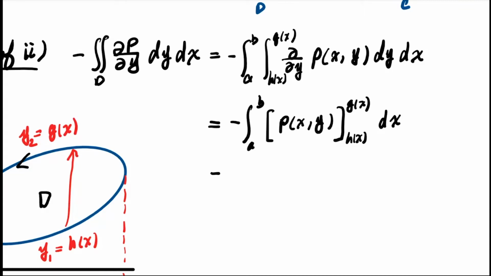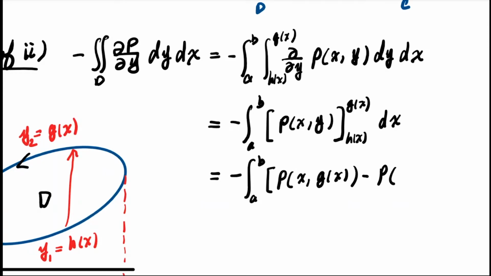Now we substitute. So we have a to b. Now y is equal to this, so we substitute this variable minus that variable, correct? So what we are going to have is P of x and g of x. When you make this substitution, your y disappears. Remember that?